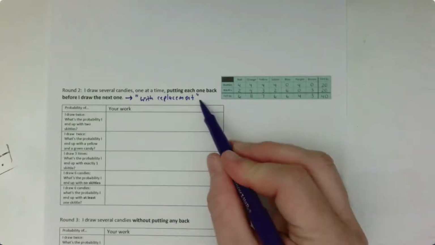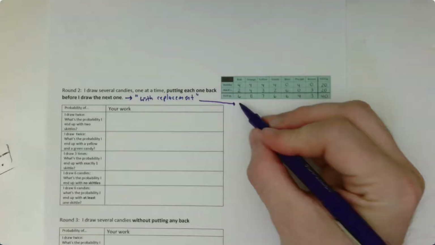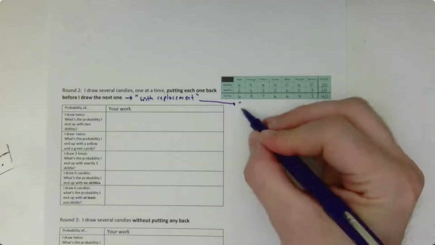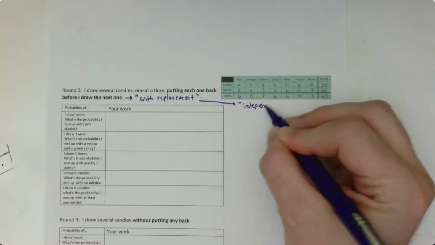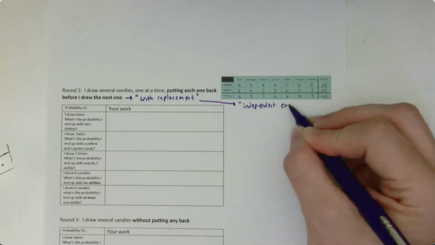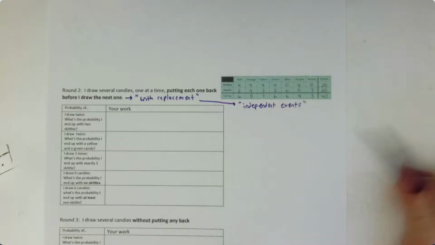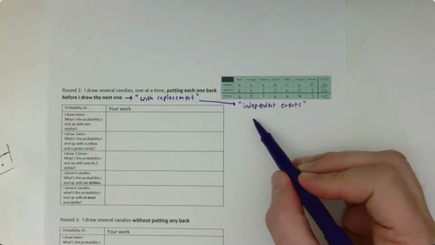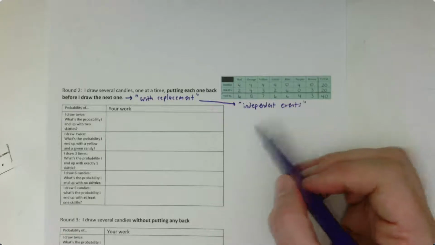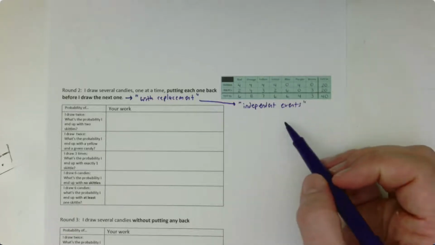And the reason that it's important is because when you are drawing with replacement, it means that the draws are independent events. And the intuition behind an independent event is just that the probability of each event is independent of anything else. It isn't affected by anything else.